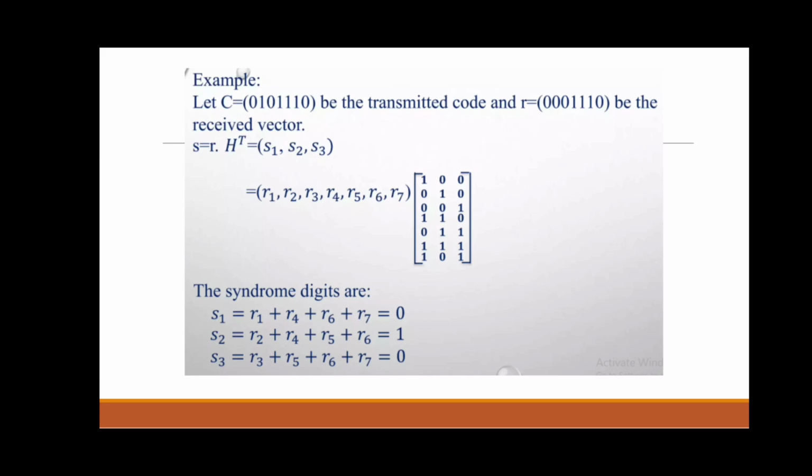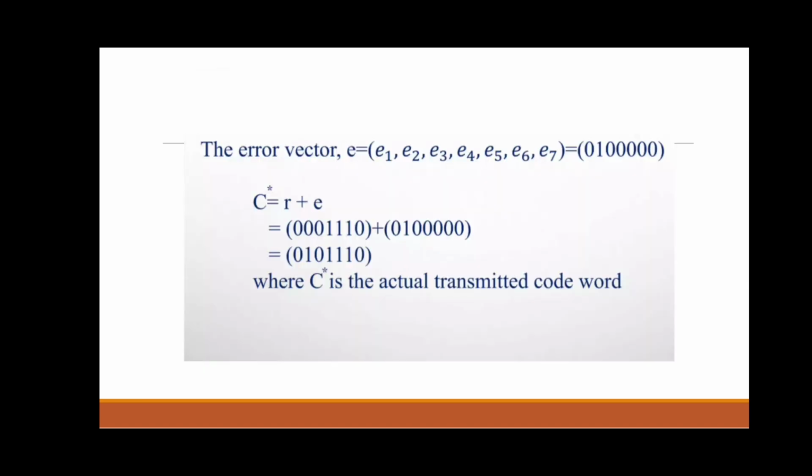Then we can say that the second bit is in error, and we can find the error vector by placing 1 at the second bit and the remaining 0. We can then find the code word that was transmitted by simply XORing R, the received code vector, and the error vector, and we will find the code word.